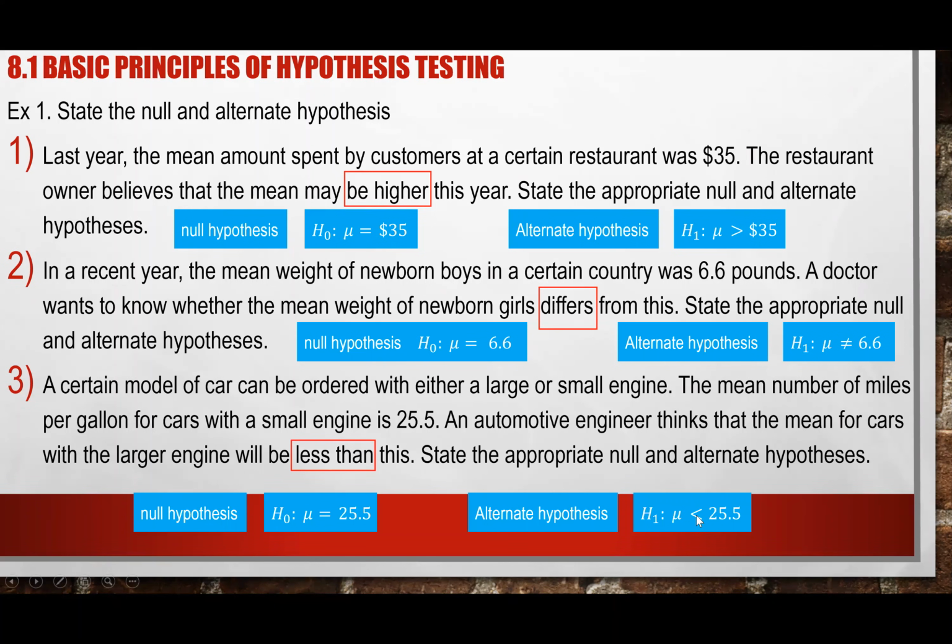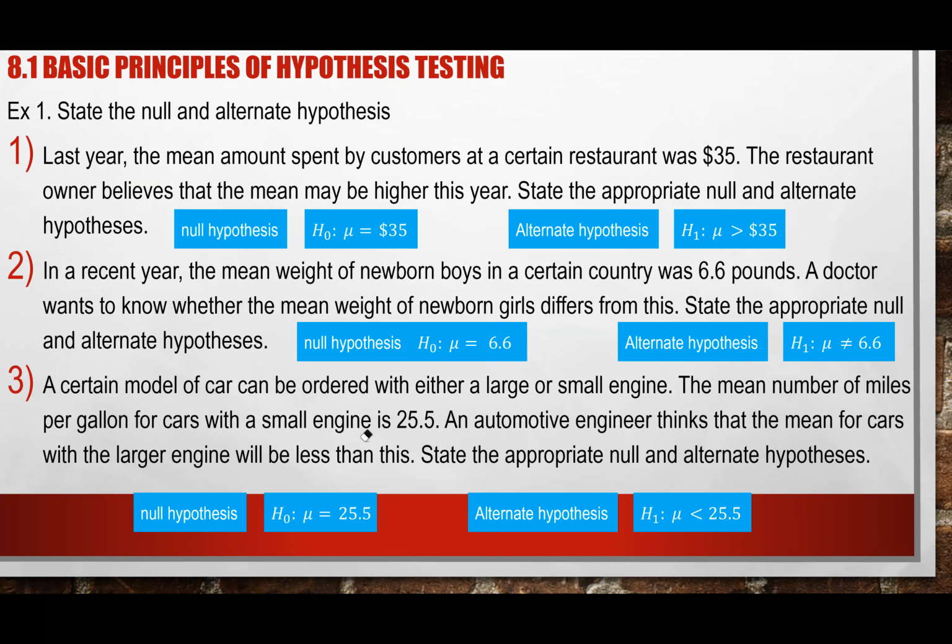The follow-up question they can ask is what kind of testing we have. For number 1, because the inequality points to the right, it is a right tail test. For number 2, because it's not equal to, it is a two-tail test. For number 3, because the inequality points to the left, it is a left tail test.